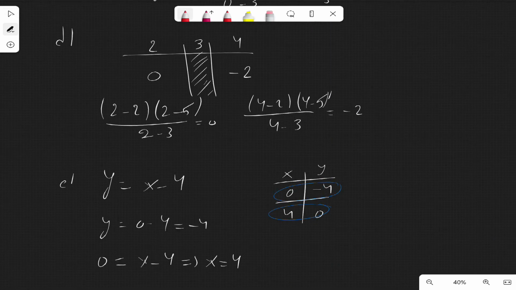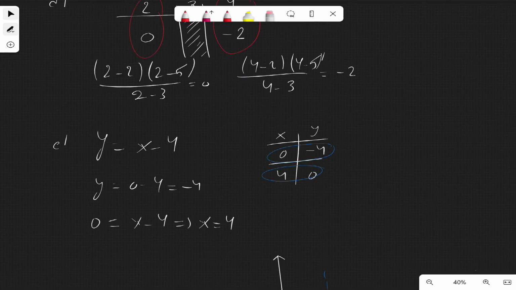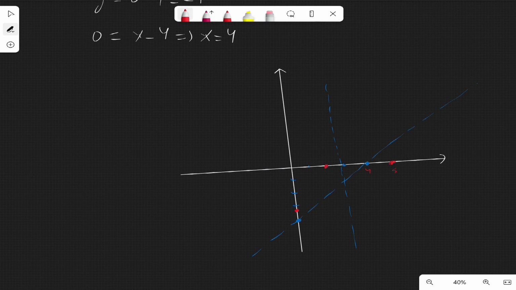Special points: 2, 0 already there. We need to plot 4, negative 2. This is 4 and negative 2 here. The branch to the left from the asymptote to the asymptote. And the right branch from the asymptote to the asymptote.